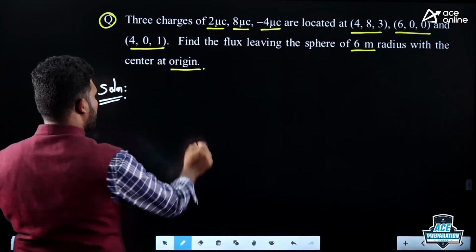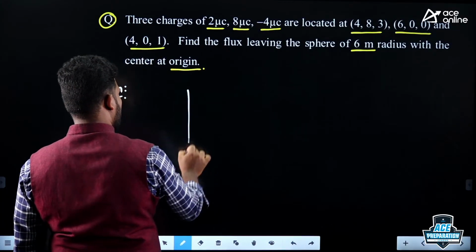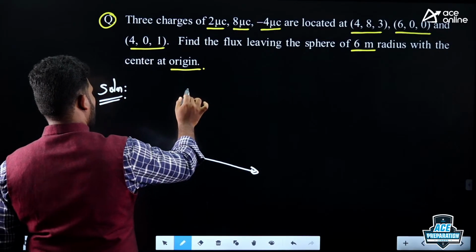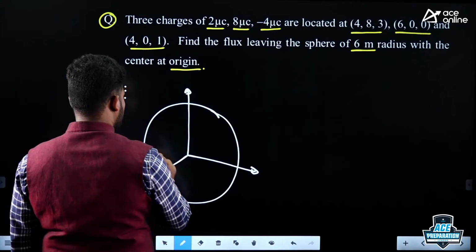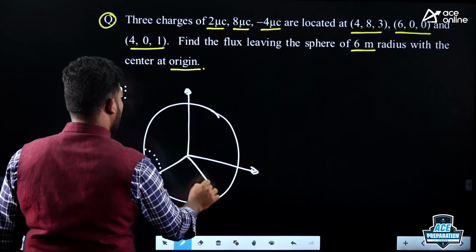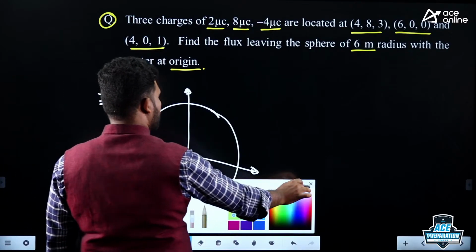Let me draw some rough diagram here. Here is a sphere, and the radius is 6 meters. And there are 3 charges.